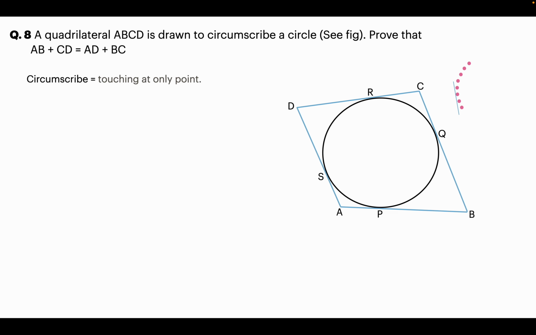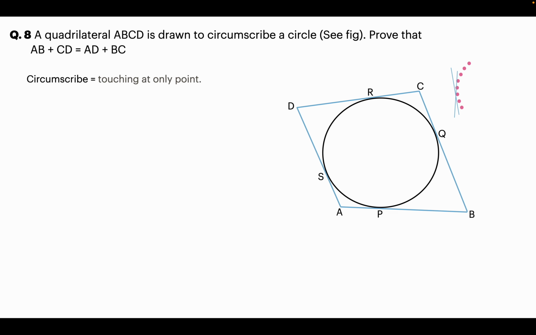So I draw a line first here like this. This line is tangent because it is touching the circle at only one point. And if I draw one more line that is not a tangent, that means this line is intersecting the circle, or it is going through more than one point on the circle, like this here.